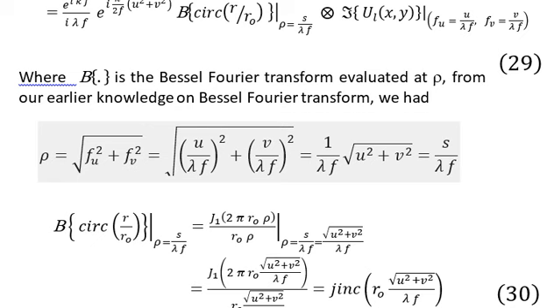We have written rho in terms of Cartesian quantities, and then we have replaced these with their scaling factors, that is fu will be replaced by u over lambda f, and fv will be replaced by v over lambda f. Finally we have 1 over lambda f multiplied by the square root of u square plus v square, and this square root of u square plus v square is represented by s, because s is a space variable in the polar coordinate system.